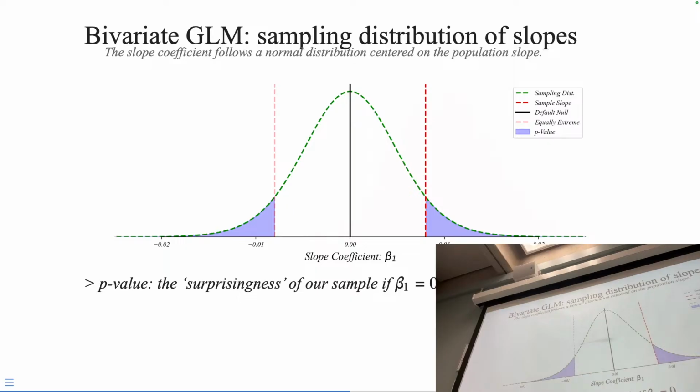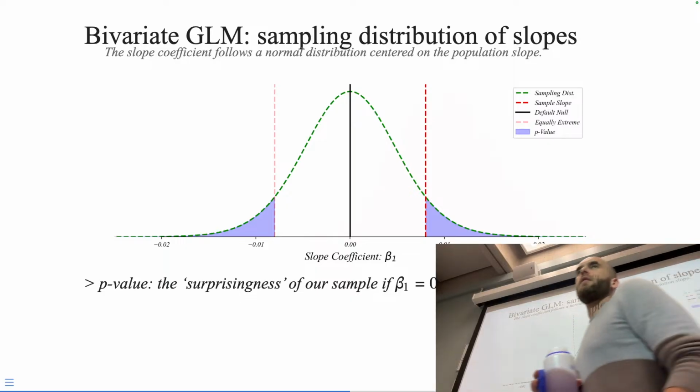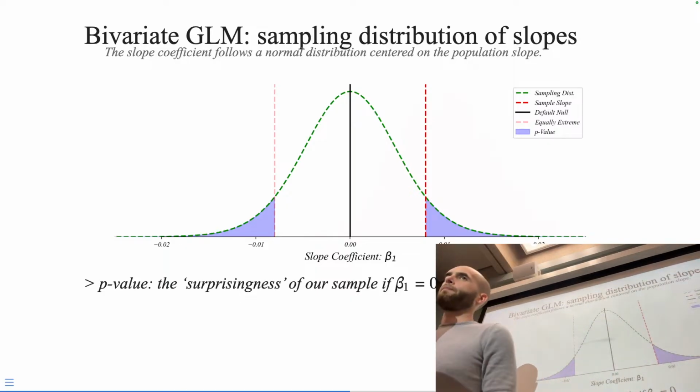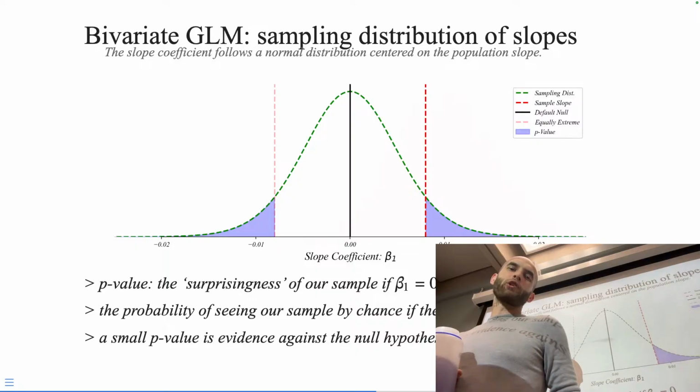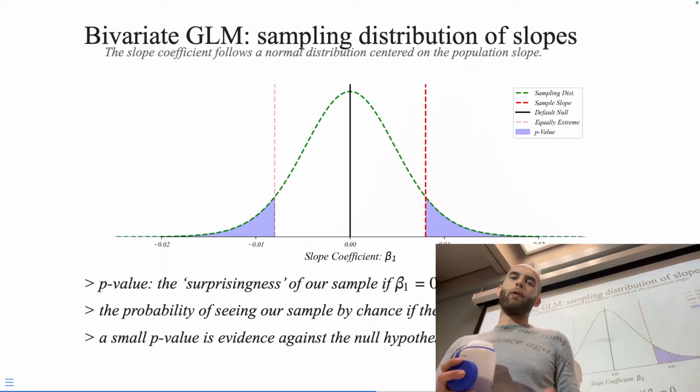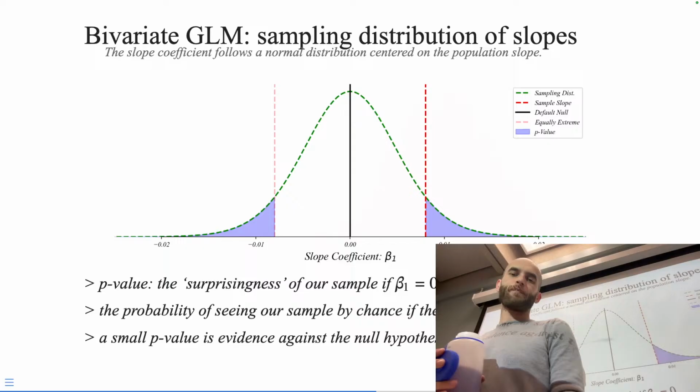So this is just a claim about the consistency of the null hypothesis and our sample. Does that answer your question? Yeah, that was a really good one. What else? Okay, so the p-value is this measure of the surprisingness of our sample under the null hypothesis.